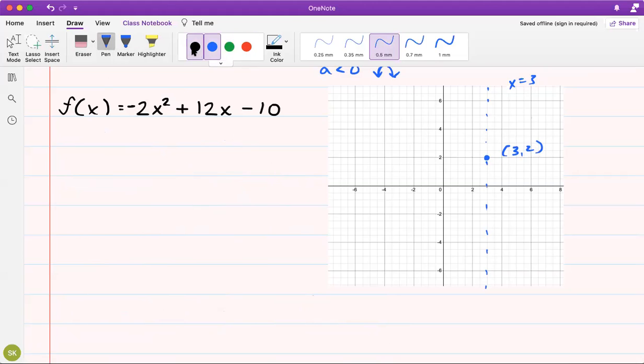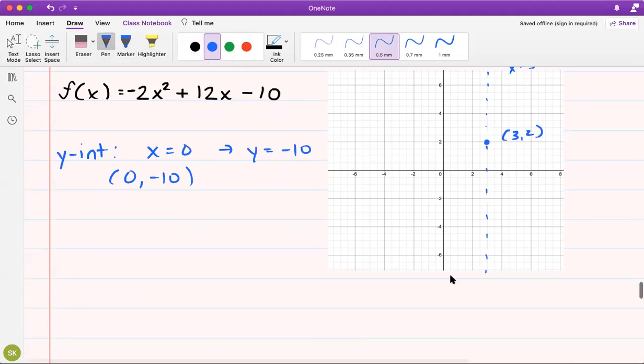So it doesn't matter which one you find first. I'm going to start with the y-intercept. Now remember, the y-intercept is when we set x equal to 0. So just look at your equation and plug in 0. If you plug in 0, you're just going to be left with negative 10. So our y-intercept is (0, negative 10), which is way down here.